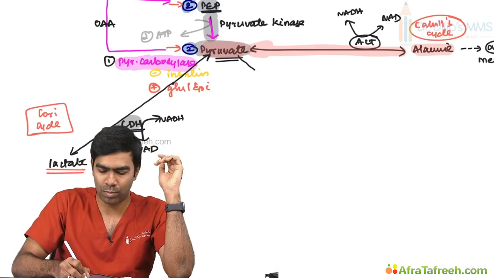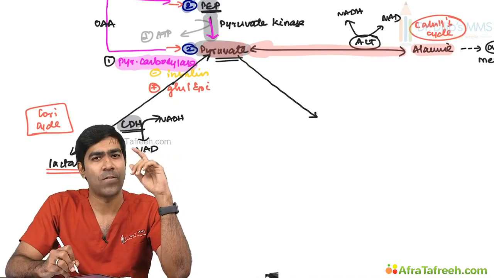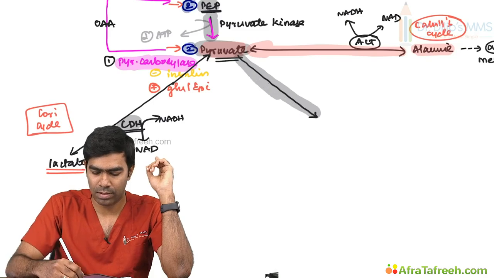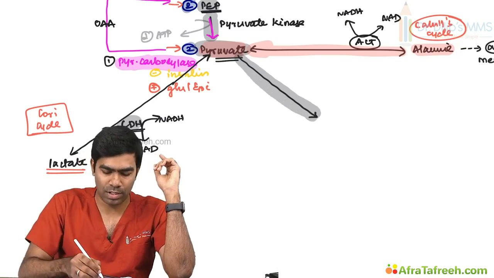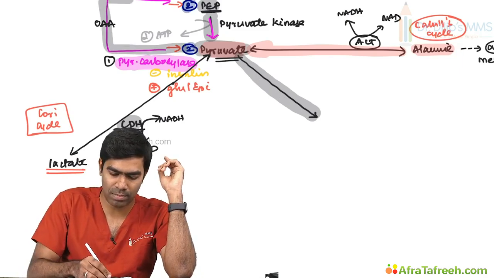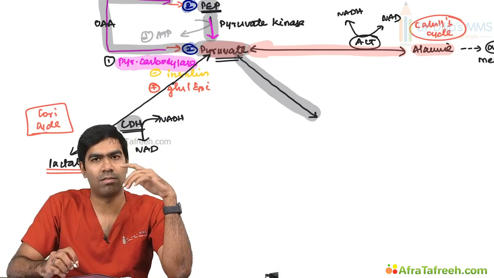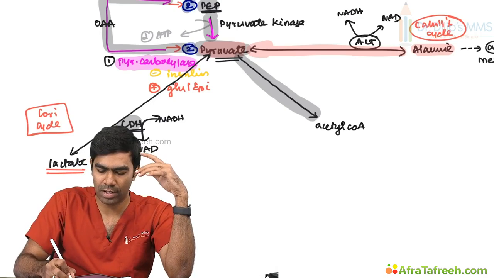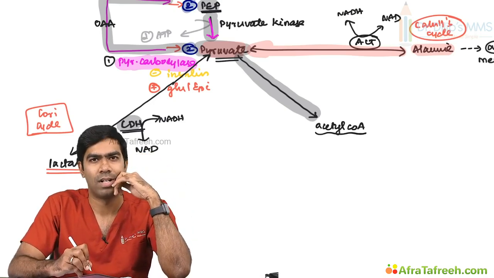Now the 4th fate is the most important one because it's an irreversible step. That's why I'm putting a black shade. Remember, this pyruvate carboxylase step is also an irreversible step. It's not a reversible step. Similarly, this 4th final step of formation of acetyl-CoA from pyruvate is also definitely an irreversible step.